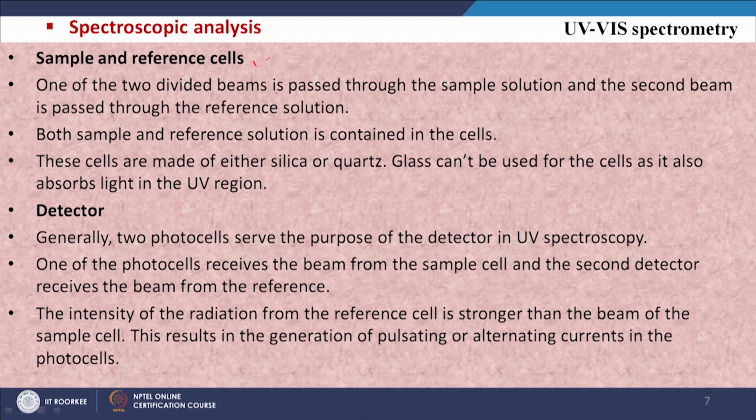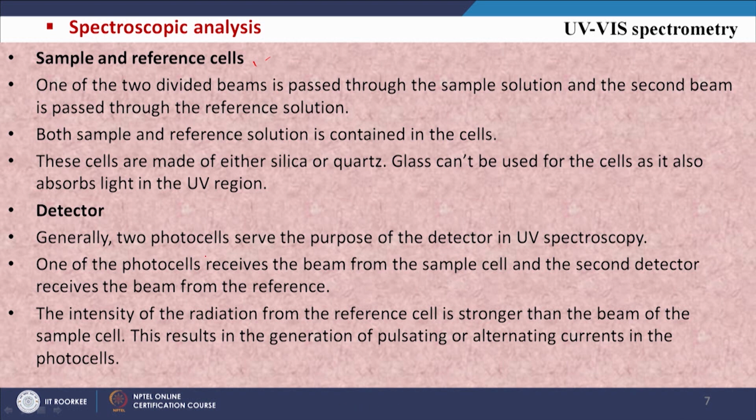If it is a single beam, it will be sent first to the sample, and after that to the reference, not simultaneously. So, 2 different arrangements are there, and after that a detector is necessary.